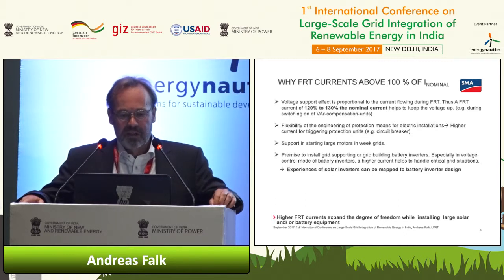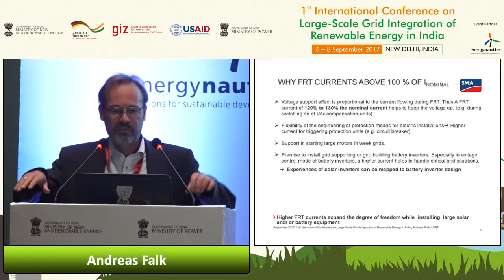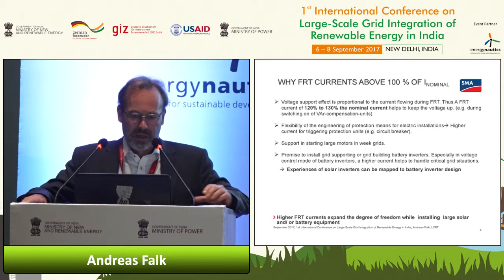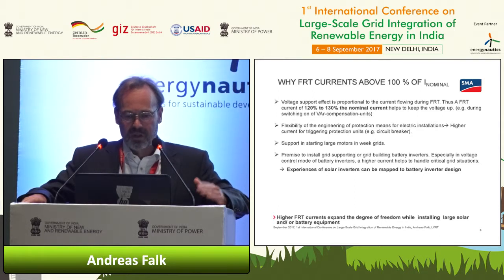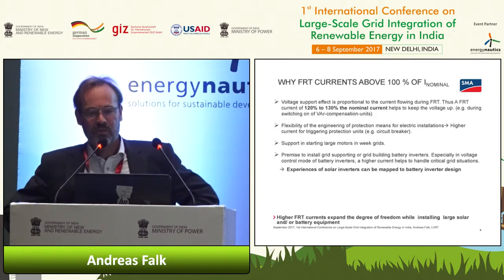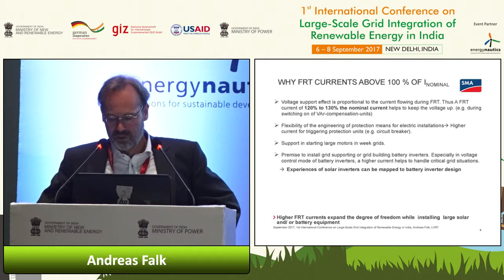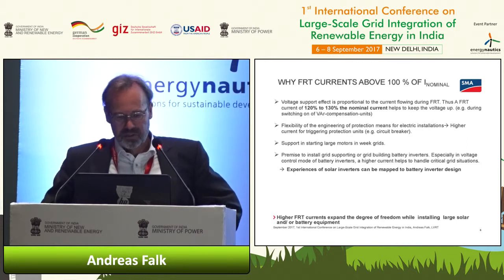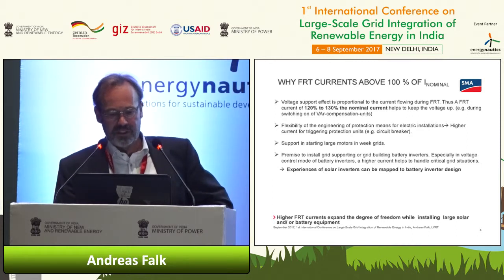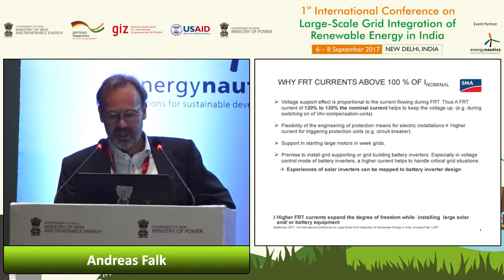In that case, the so-called inertia has to be provided by the grid, and when you have a voltage dip, the inverter has to react with a high fault ride through current. So higher fault ride through currents expand the degree of freedom while installing large solar and battery equipment.